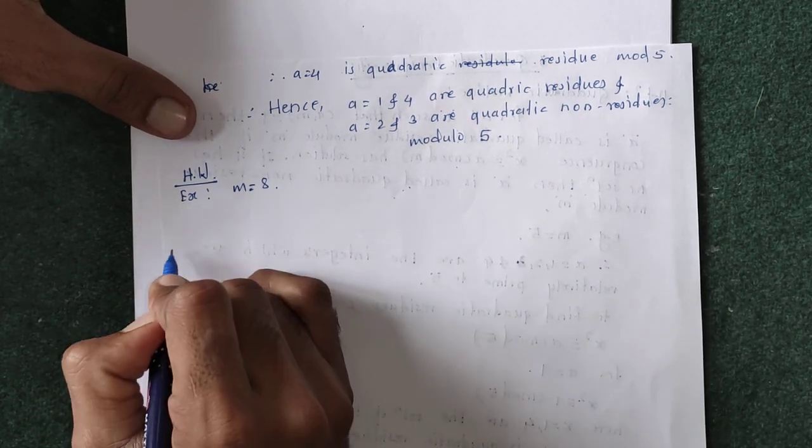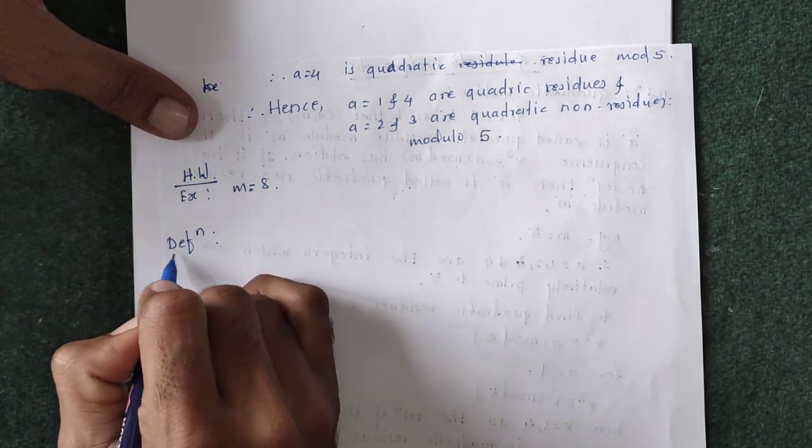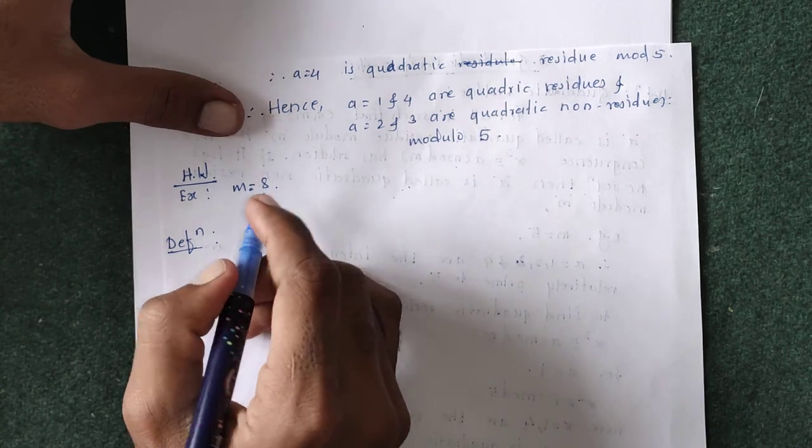Next definition is the important definition of this chapter, the Legendre symbol.